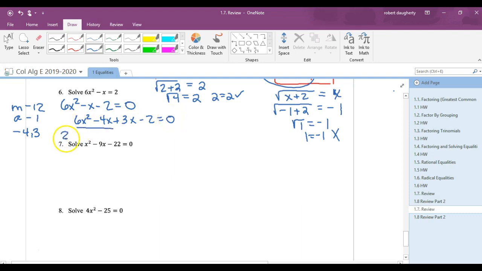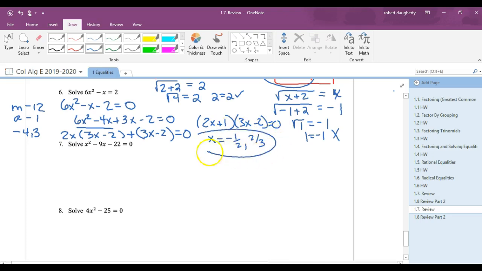Factor by grouping: 2x times 3x minus 2 plus 3x minus 2 equals 0. That means that 2x plus 1 times 3x minus 2 equals 0. So x equals negative 1/2 or 2/3. You get that by setting each of those factors equal to 0.